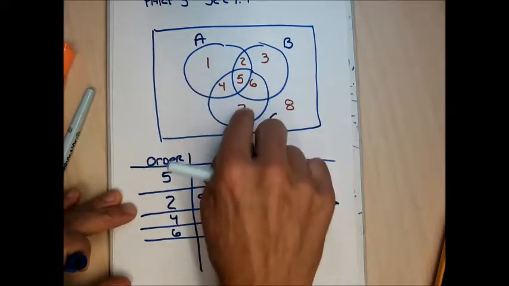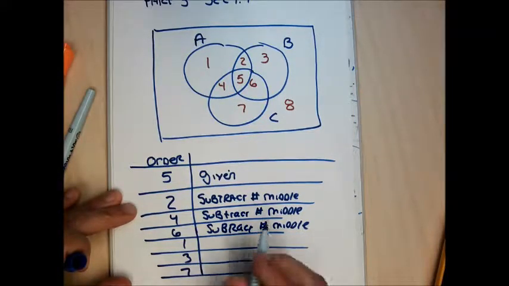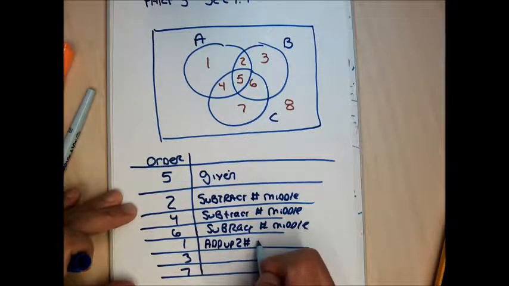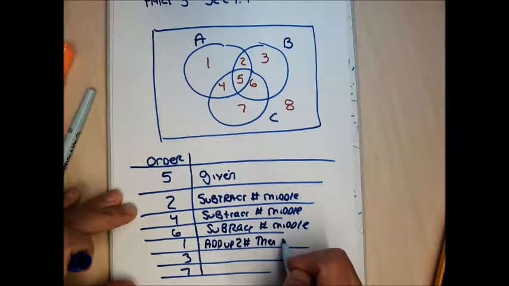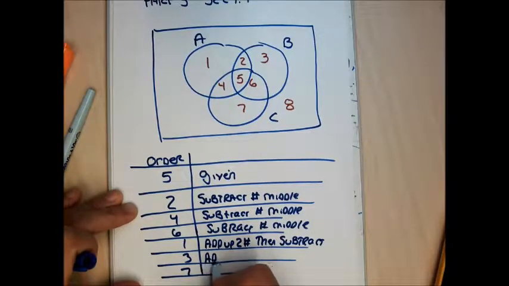Then I'm going to do 1, 3, 7. And this one I'm going to have to add up 2 numbers and then subtract. Kind of like getting the final number in the outside of the 2-circle Venn diagram.